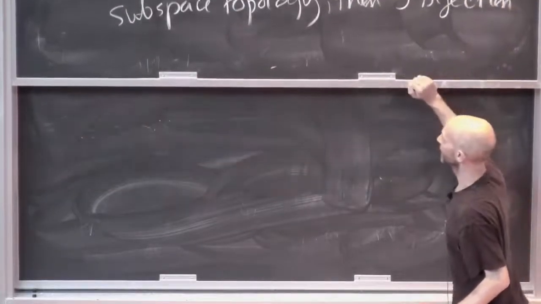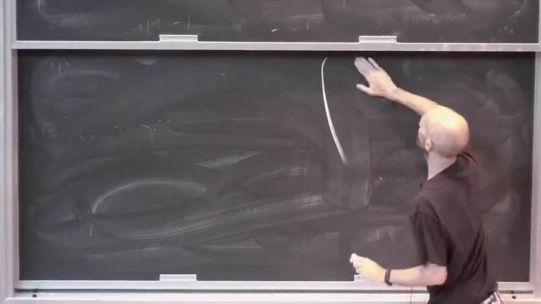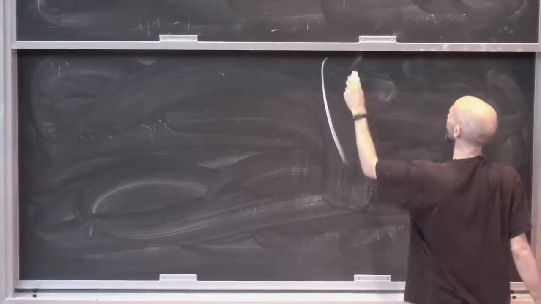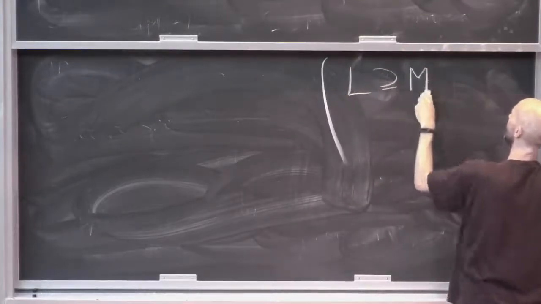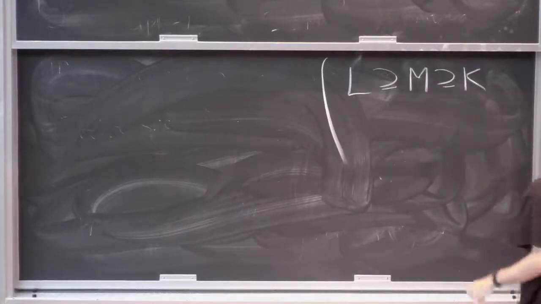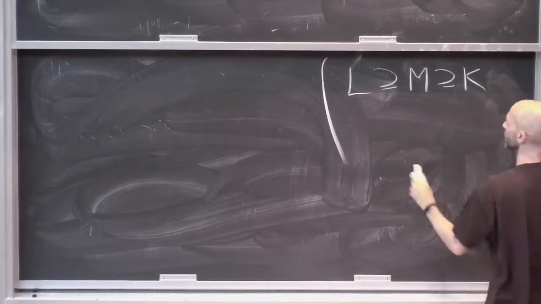So on the right-hand side, we have the same story. We have L containing M containing K, some subfield.